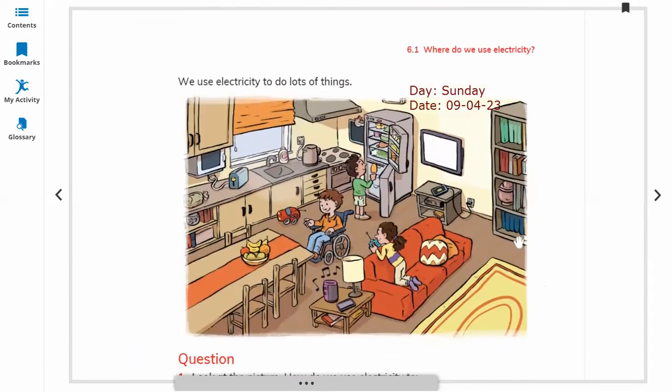Here, this is the house. We use electricity to do lots of things. Here in the house, you can see most of the things work with electricity. So what we are going to do is circle the electrical appliances. Let's circle them.